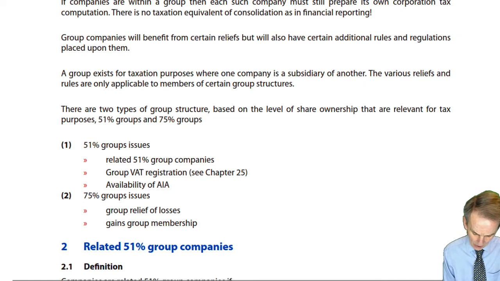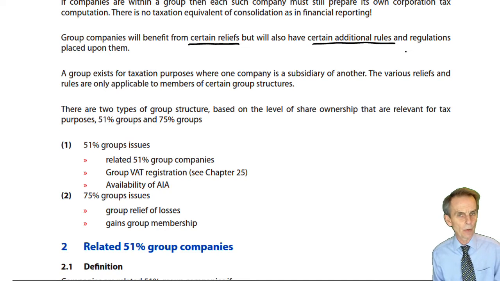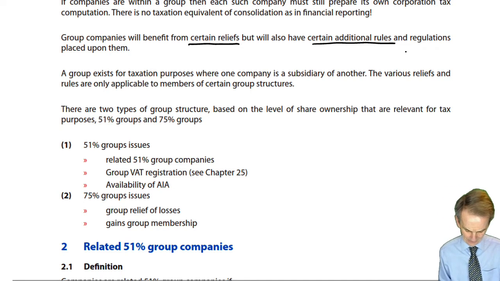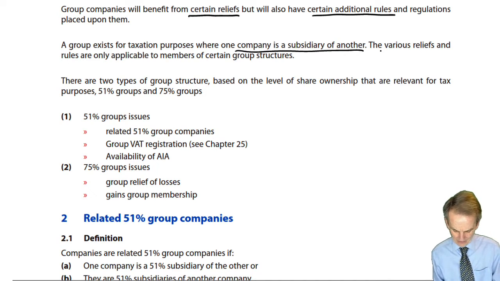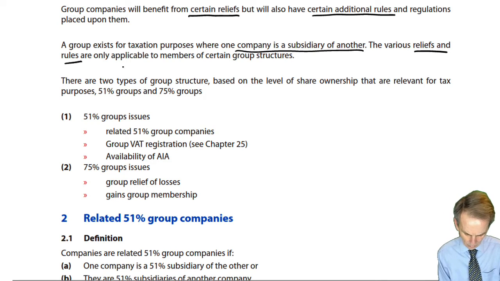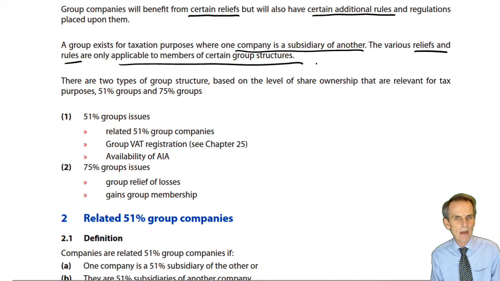As we've said, group companies will benefit from certain reliefs, but there are certain additional rules and regulations that will also be placed upon them. A group exists, of course, where one company is a subsidiary of another. The various reliefs and rules are only applicable to members of certain group structures. And those group structures are going to be measured in percentage shareholding terms.